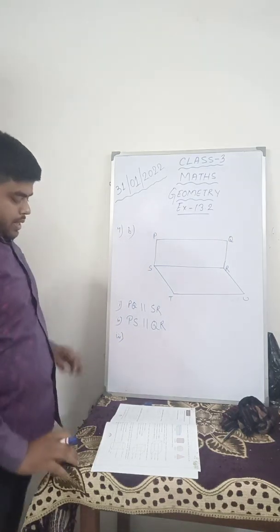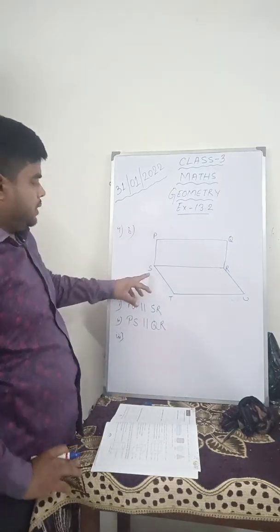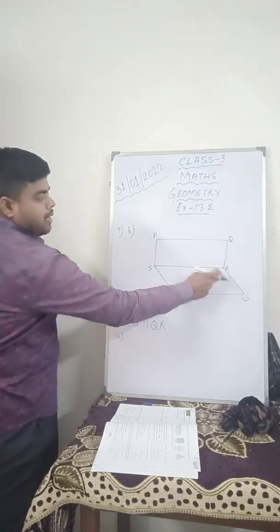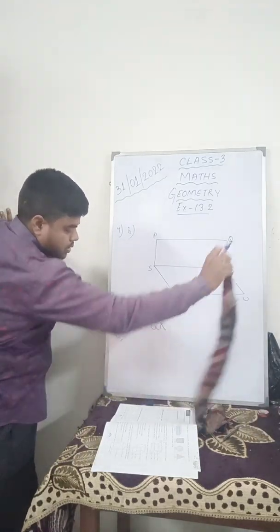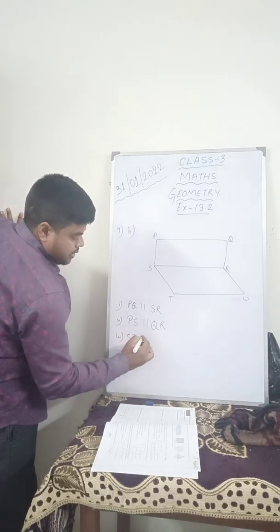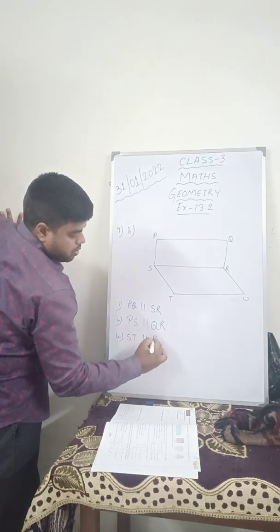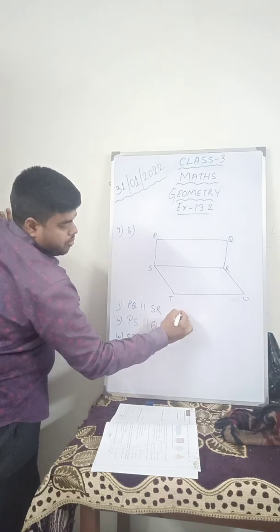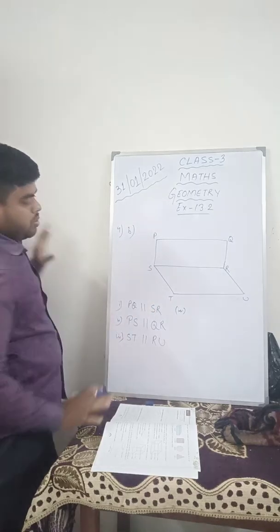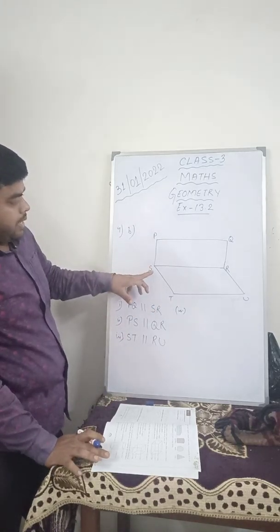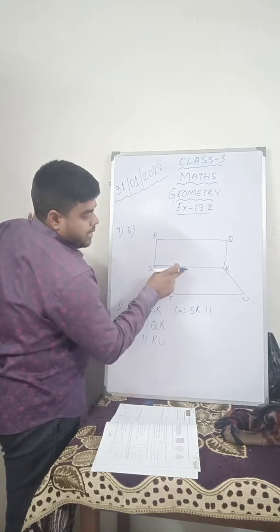Number three. Now you see this line, this ST is parallel to RU. ST parallel to RU. Number four. You see this SR is parallel to, meaning this line is parallel to this.